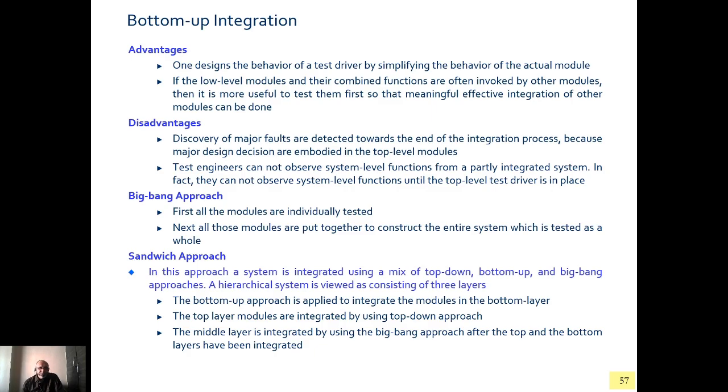Sandwich approach has a mixed layer of top down, bottom up and big bang. Then you have to have 3 layers: the top layer, the middle layers and the lowest leaf. And then you should start with the lowest leaf, go to the middle and then to the top layer.